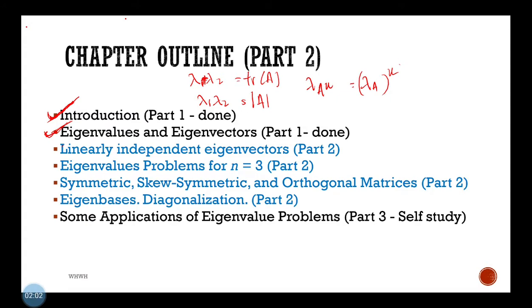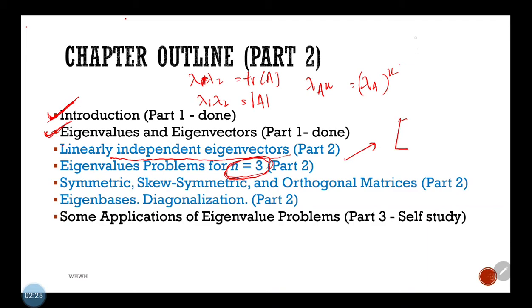Make sure all of you understand how we define linearly independent eigenvectors and how to determine the eigenvalues for n equals 3. For n equals 3, it means the size of the matrix itself.